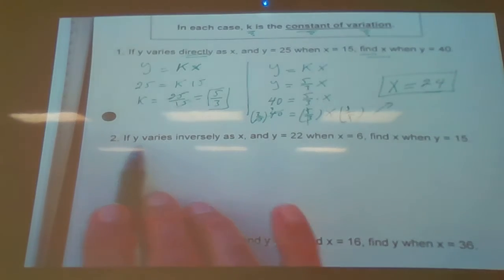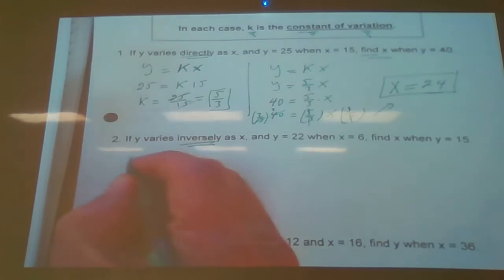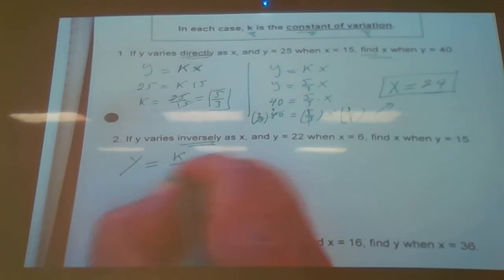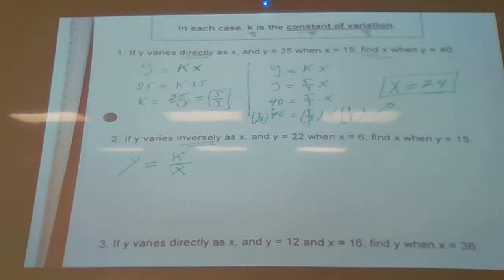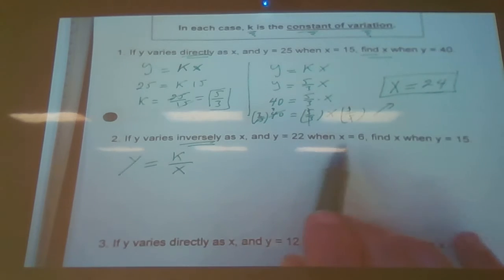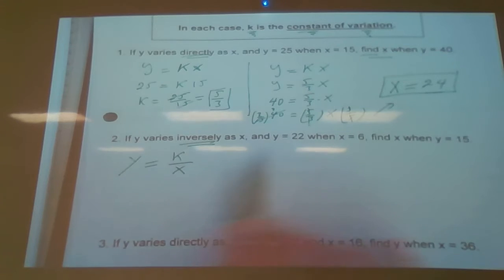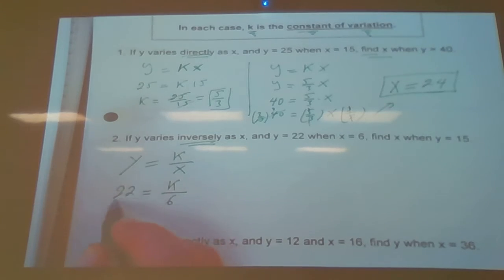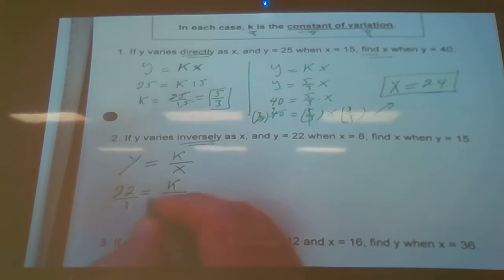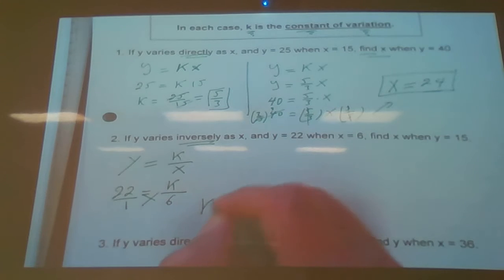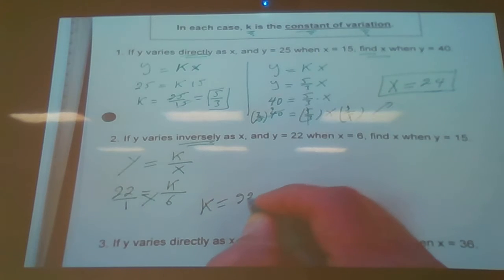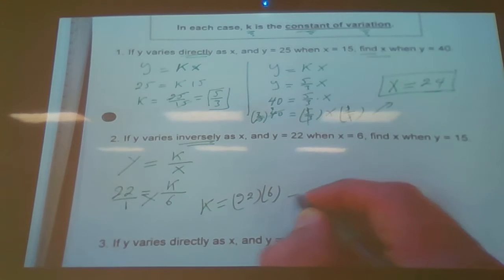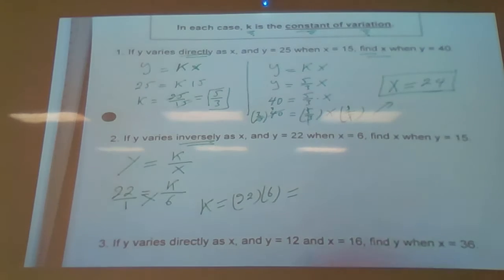For this one, if y varies inversely, so I know it looks like this. And like I said, they're going to give me information to find k. It says when y is 22 and x is 6. So for this one, you can put a 1 under here and cross multiply, and that will give you k equal to 22 times 6, and that's 132.